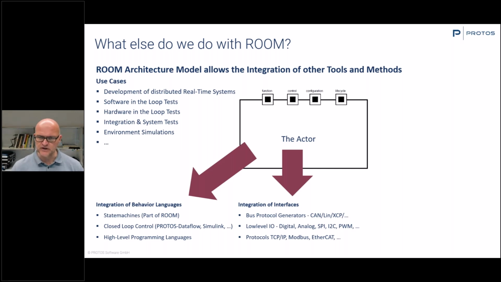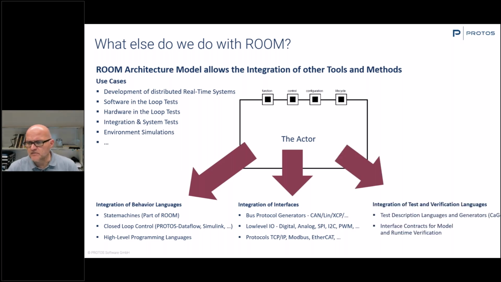That's something we generate, we integrate into the room actor, and again, you can communicate over CAN in the model. Same with low-level I/O, digital, analog, SPI, so everything you need to really control your system. And again, other protocols like high-level protocols, Modbus, EtherCAT, field bus system, TCP/IP. You can hide all those implementations behind model-level interfaces.